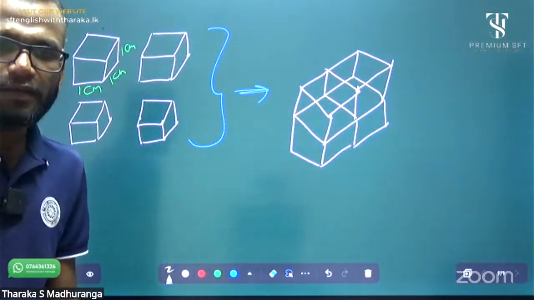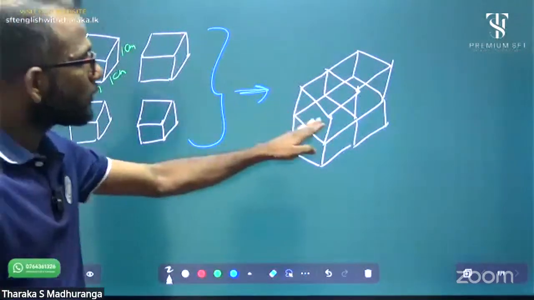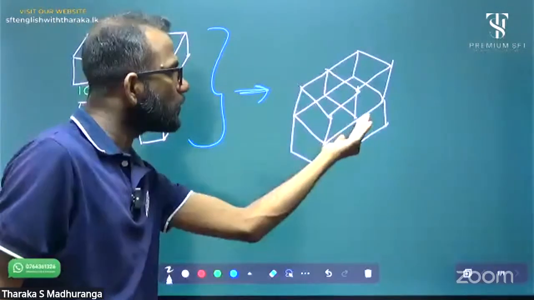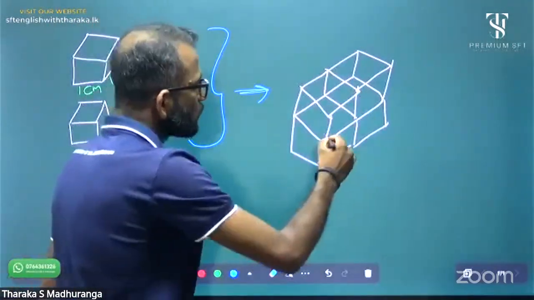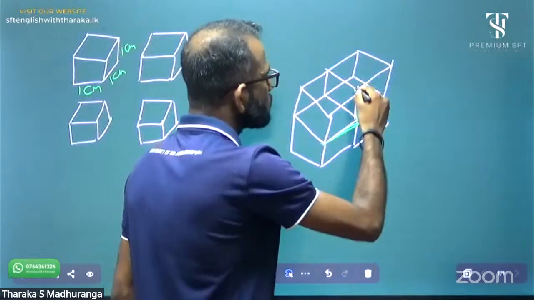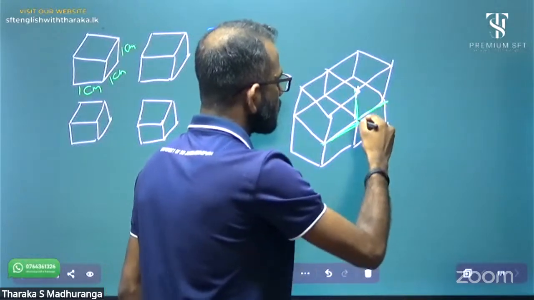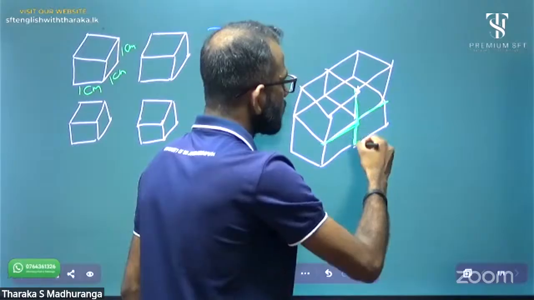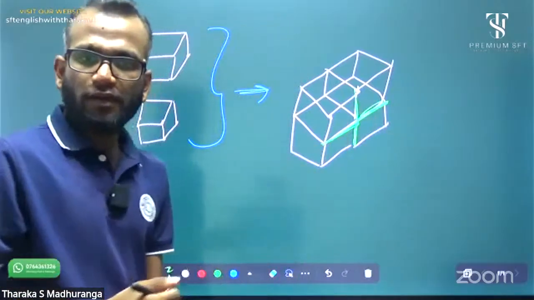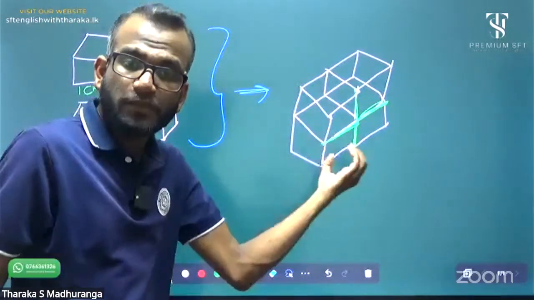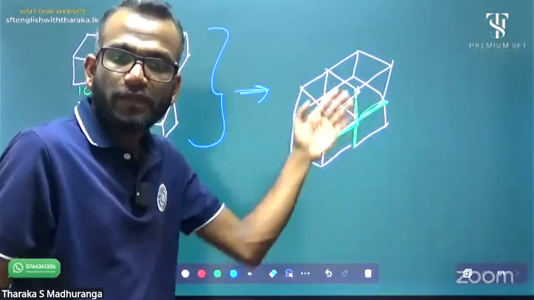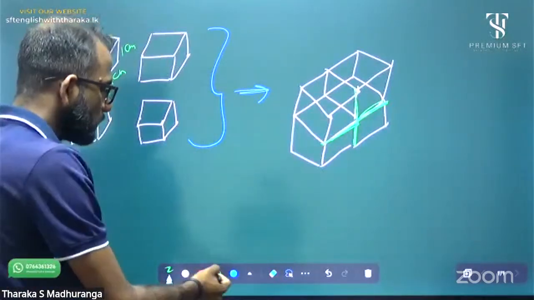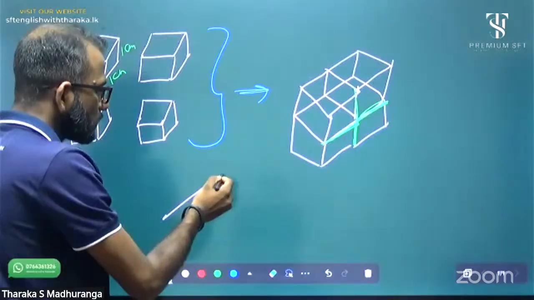Now each cube has two sides coinciding: this one and this one, this side and this side. Now what is the shape of the resulting object? It's a cuboid. It looks like this.